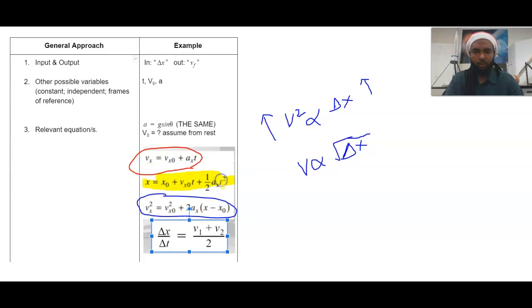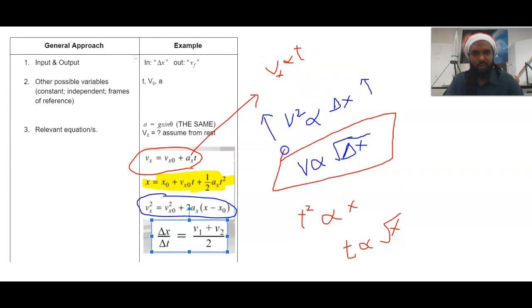So similar to what we did before, the relationship between time and our X, assuming our VO is 0, would be that time squared is proportional to X. So again, time is actually proportional to the square root of X. And then from this equation here, we get that our final velocity is proportional to time, and time is proportional to the square root of X. So we come back to this same relationship here. A little bit of a roundabout way, but you get the same thing.